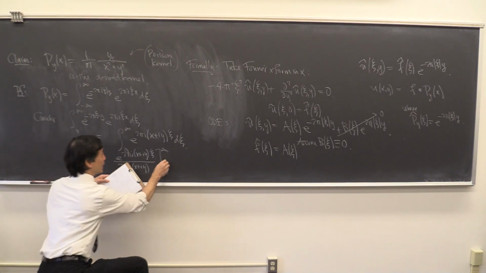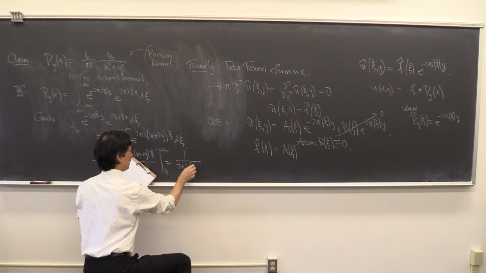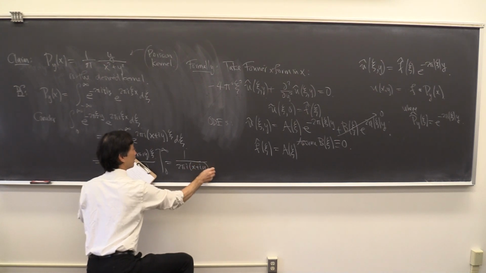It's just calculus. We get 1 over 2 pi times (y minus i x).